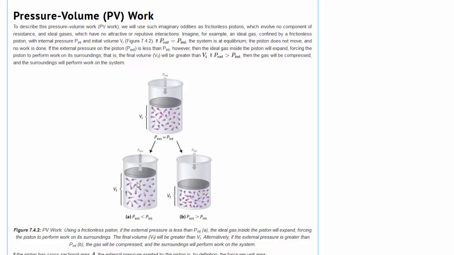The final volume will be greater than the initial volume. The work is done on the surroundings. If, on the other hand, the external pressure is greater than the internal pressure, the gas will be compressed and the work will be done on the system.